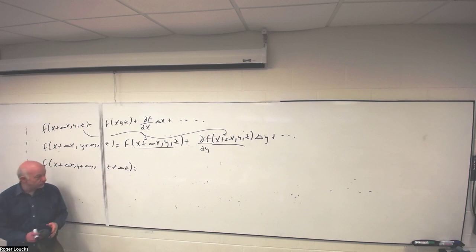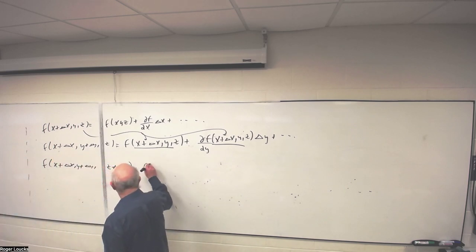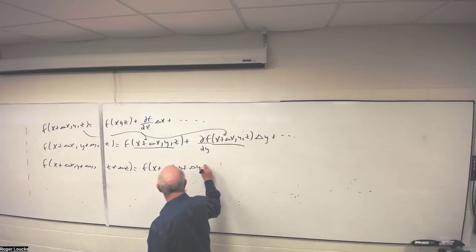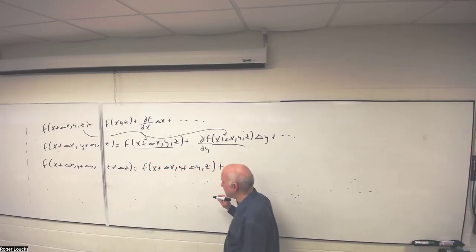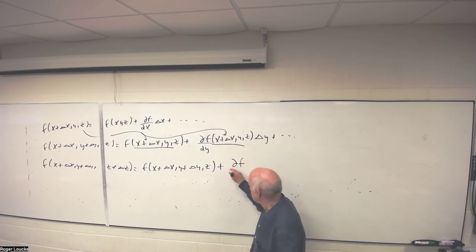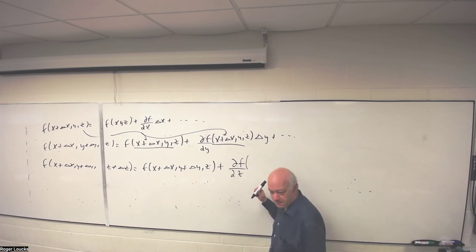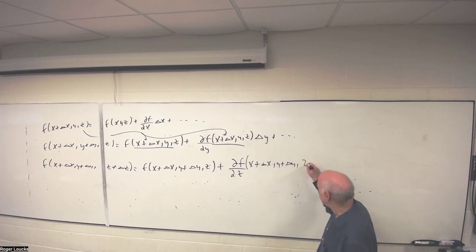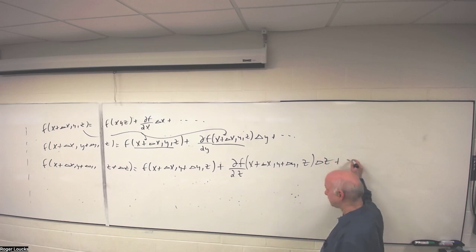So we just varied this, and that gave us the exact same thing as before. Then what would be the next one? Partial f. What is the argument here? f at x plus delta x, y plus delta y, z, times delta z, plus dot dot dot.